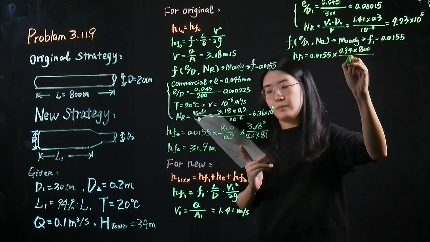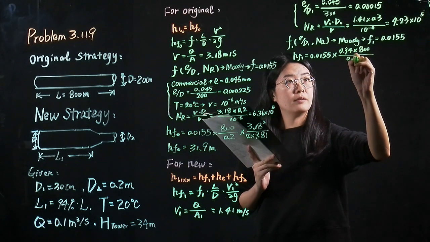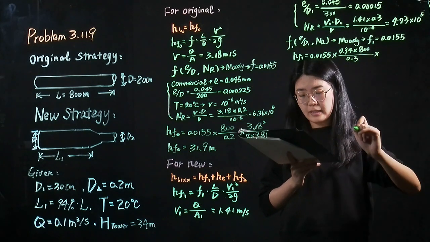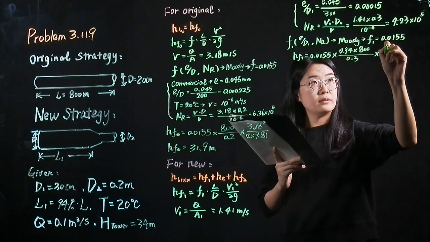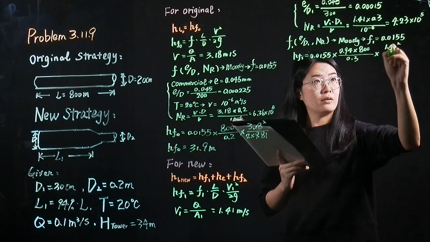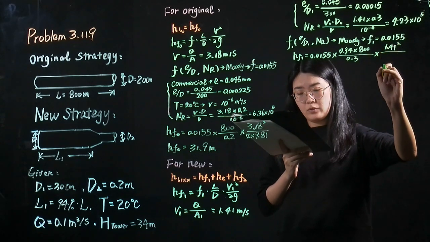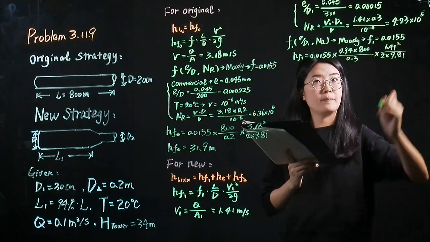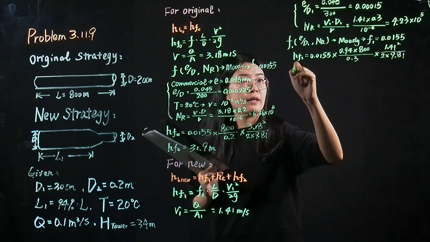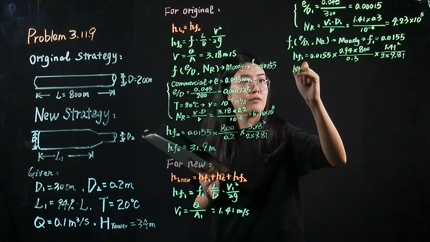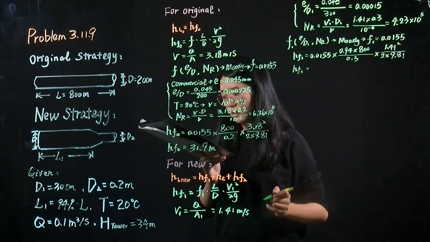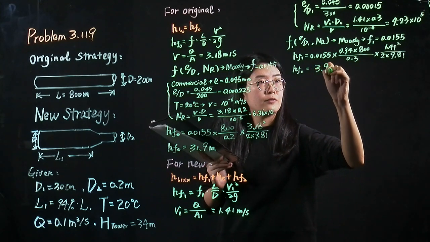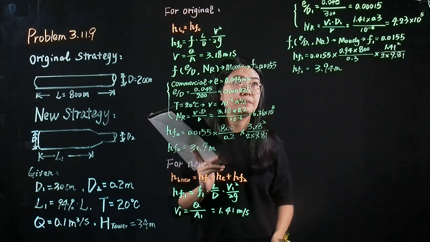The diameter is 0.3 meter. Velocity is 1.41 squared over 2g, 2 times 9.81. So we can get the value of HF1 equal to 3.94 meter.